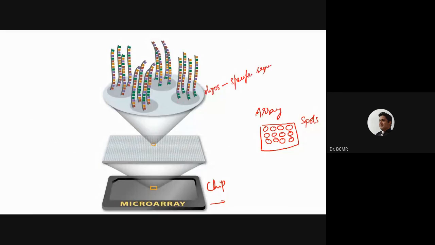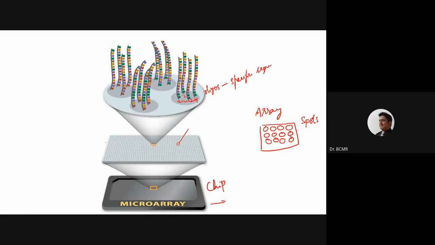Each spot has multiple oligos, but all of them have the same sequence, right? You have 1, 2, 3, 4. There are 4 single-strand DNA molecules at this spot, and all of them have the same sequence. So the computer knows in each spot what kind of sequence is there.